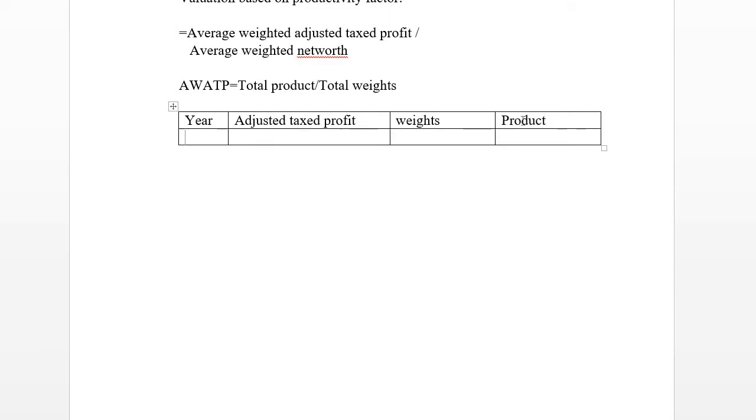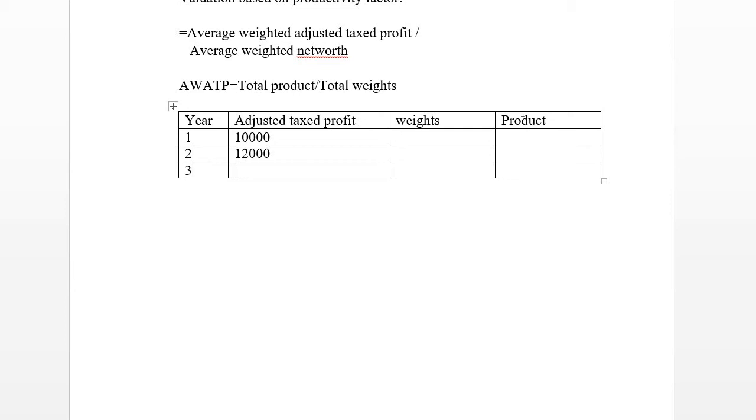These are the columns available. Let us take a simple assumed problem. For the first year, assume 10,000 is the adjusted taxed profit. Then later we shall see the weights and the product. For the second year, the adjusted taxed profit is 12,000. Third year, 15,000, right? These are the adjusted taxed profits.